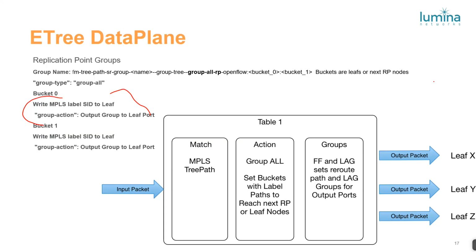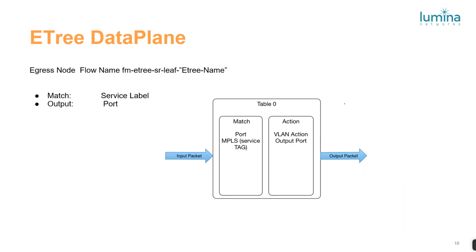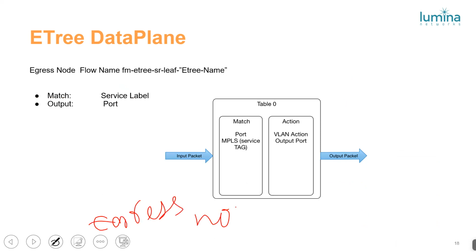And this is on the egress side. When you reach the last node in the replication point, you do an MPLS service level lookup, and also look up on the port, then pop the labels, push the VLAN ID and send the packet to the final destination. This is how it would work on the egress side.